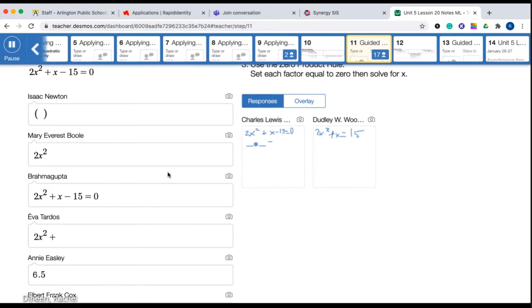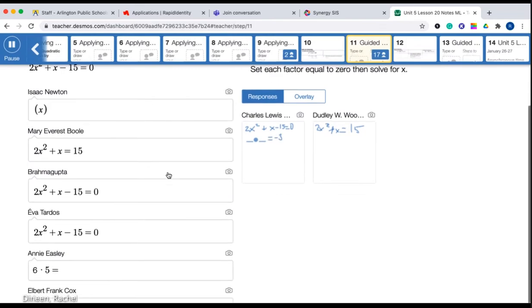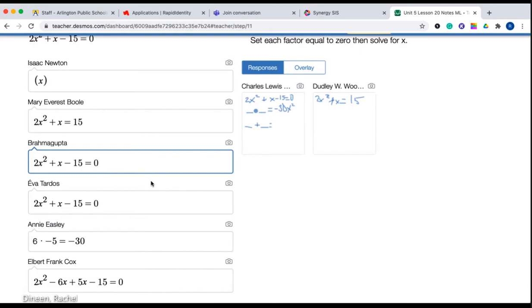So two numbers that multiply to give you negative 30 and add to give you 1. Those of you who are moving 15 to the right-hand side, don't do that. It needs to be set equal to 0.